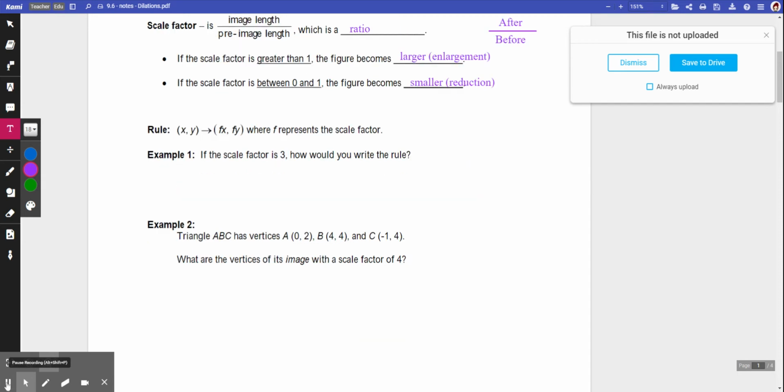We usually use the letter F to represent our scale factor, and your scale factor is actually a multiplier. So if my scale factor is 3, I'm just going to multiply the coordinates by 3. So my rule is (x, y) maps onto (3x, 3y).